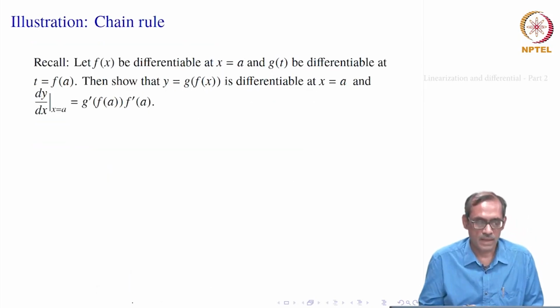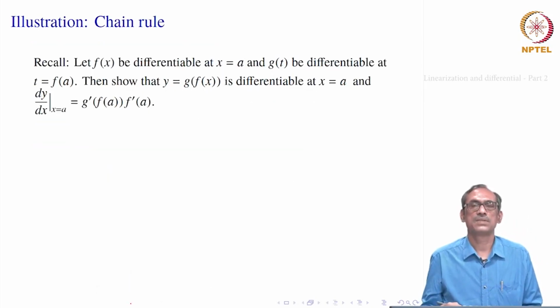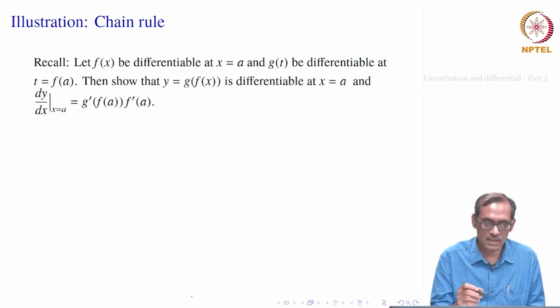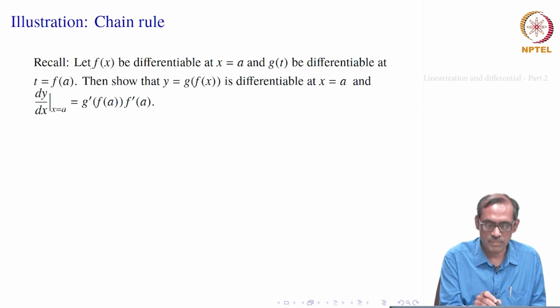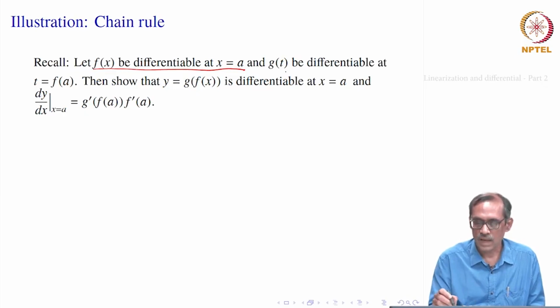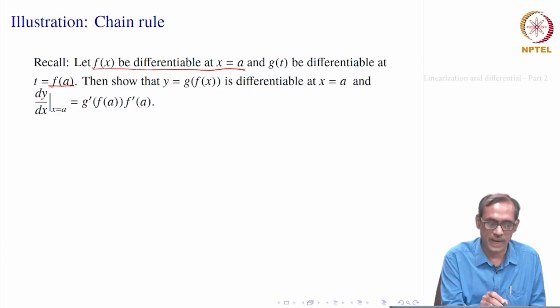Okay. So, we can really apply this notion or this concept of differential to give another proof of the chain rule. We have already proved that in a way. Now, we can give another proof of the same chain rule using this notion of differential. So, what the chain rule says, suppose f of x is a function which is differentiable at the point a, and suppose g of t is another function which is differentiable at f of a.